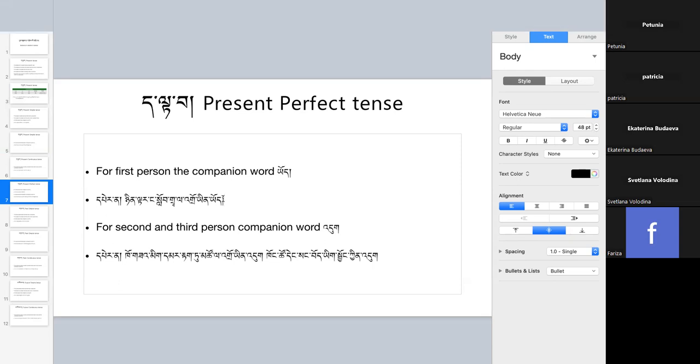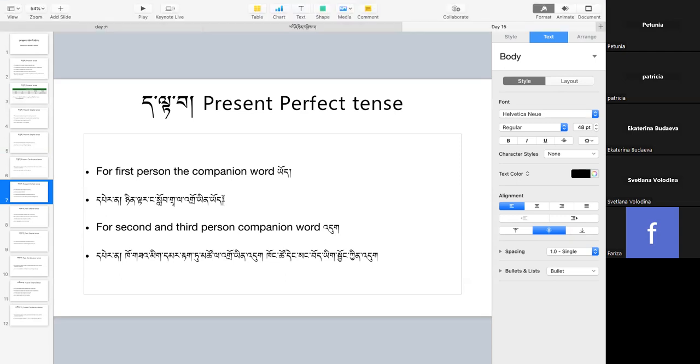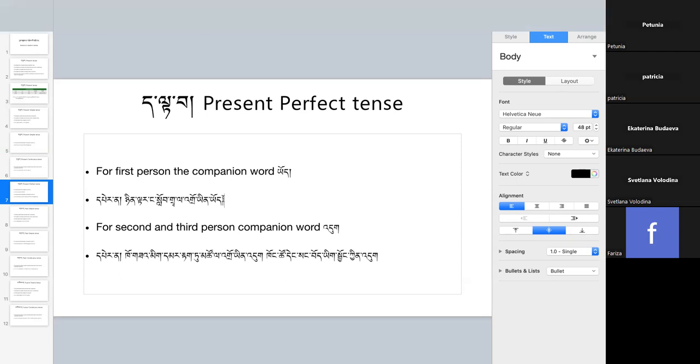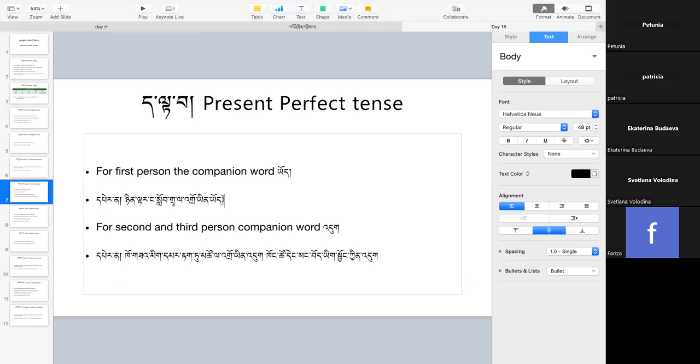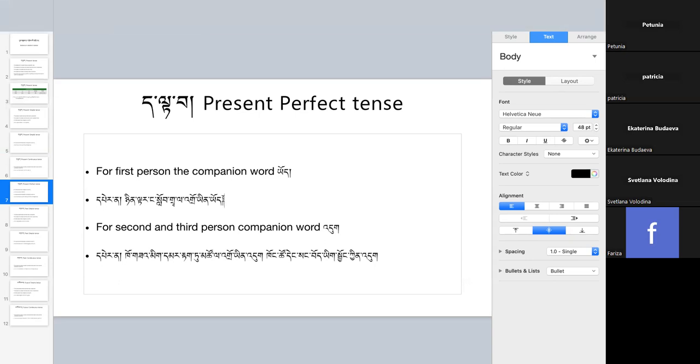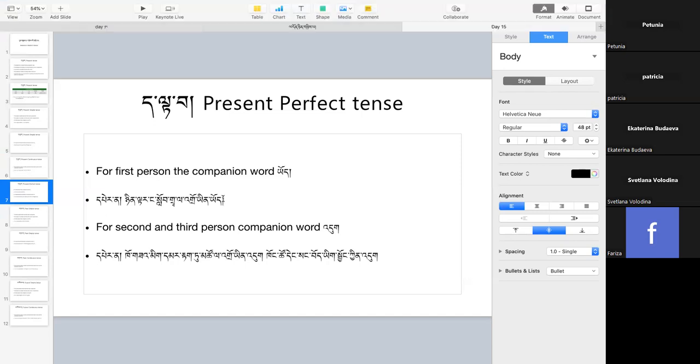So we see that when it's the second and the third person, we use tuk.